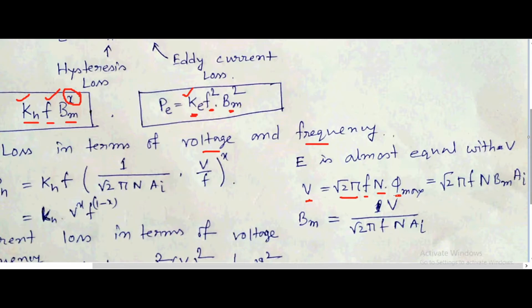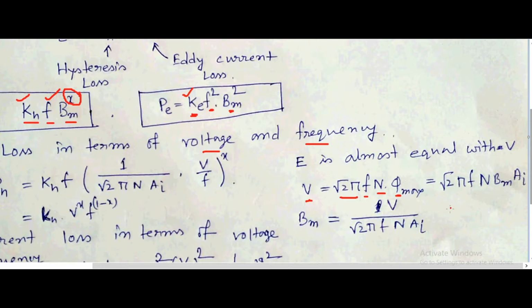The induced EMF is almost equal to V, the supply voltage, so we write V equals root 2 pi f N B_m A_i.